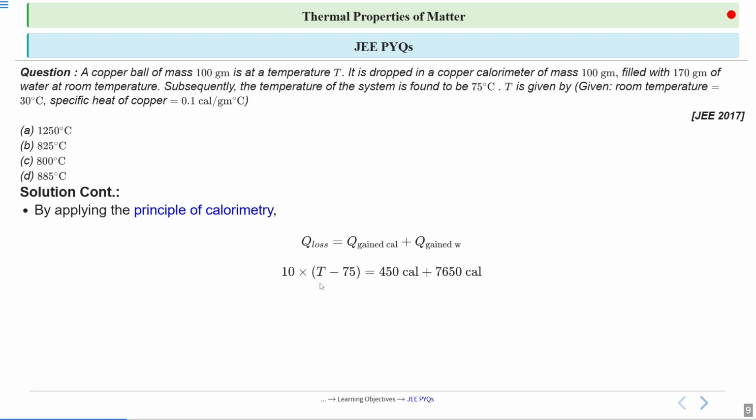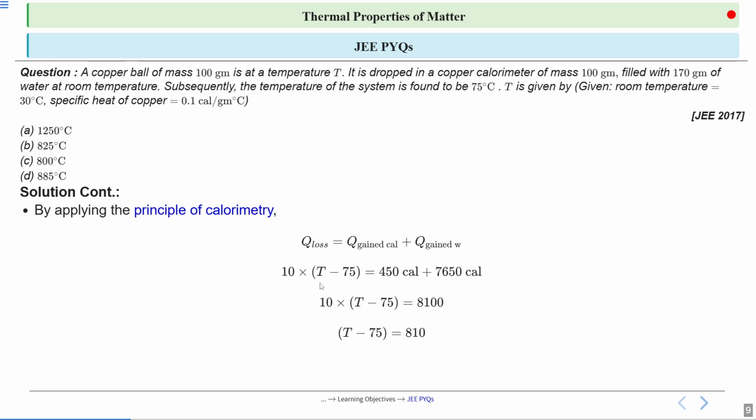So it will be 10 into T minus 75 is equal to 450 calorie plus 7650 calorie, right? So 10 into T minus 75 equal to 8100. So solving this, you will get T minus 75 equal to 810.